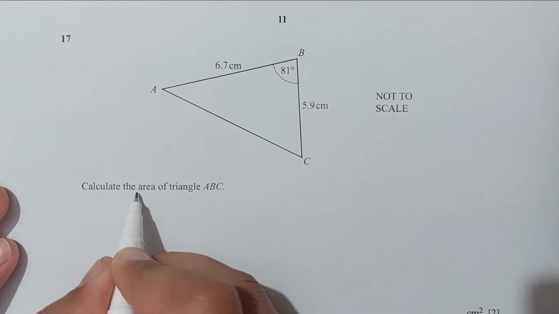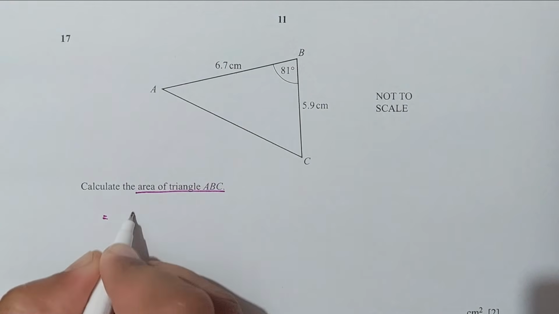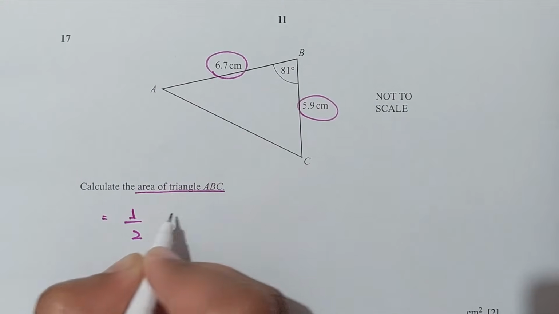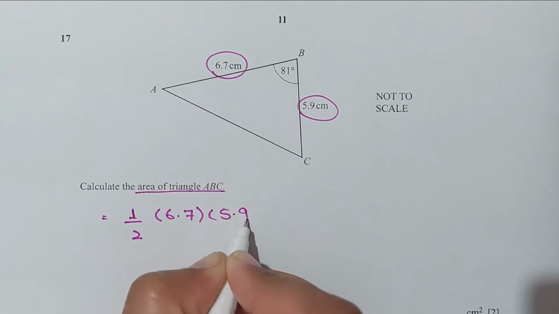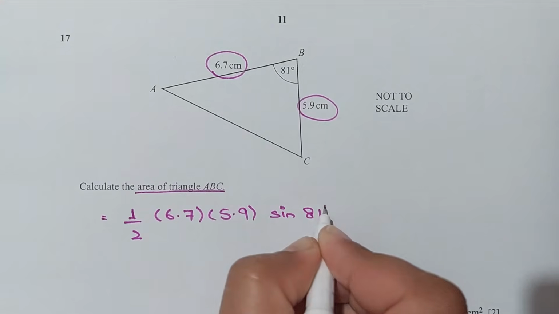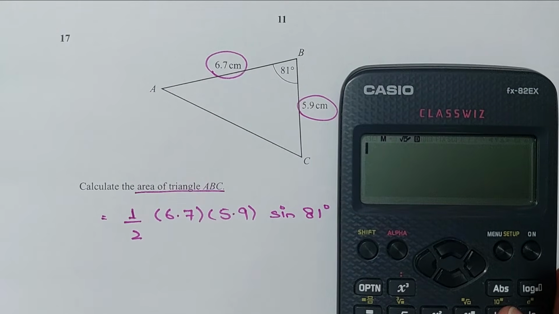Question number 17. Calculate the area of the triangle ABC. Area of a triangle has a formula: half the product of two sides, 6.7 and 5.9, and the sine of the angle between these two sides, which is 81 degrees. This is pretty simple, just do the calculation.